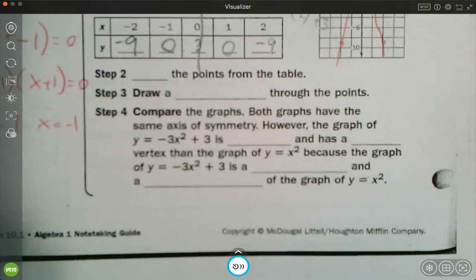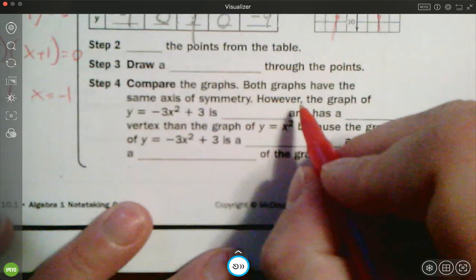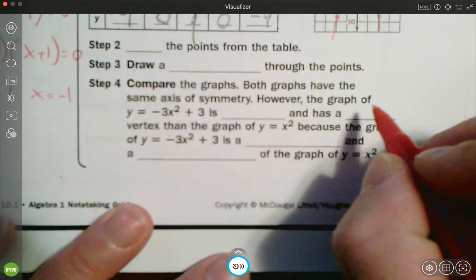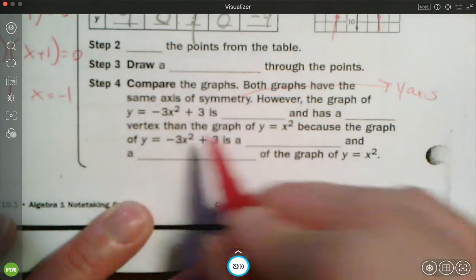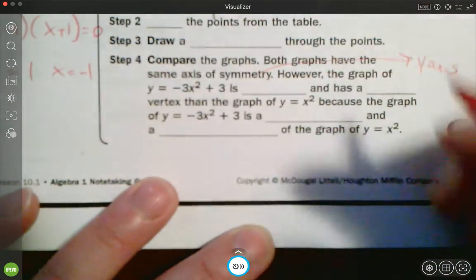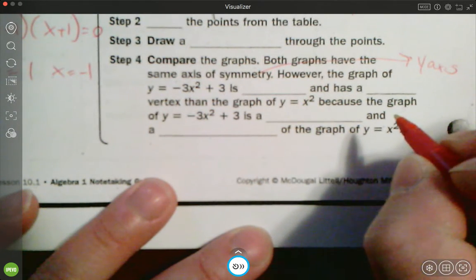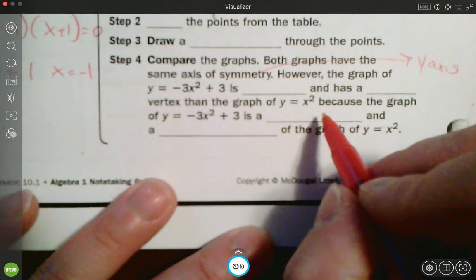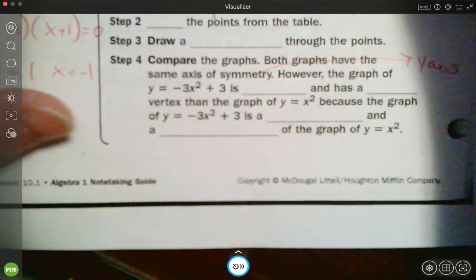So now let's do some comparison here. Both graphs have the same line of symmetry, which is still the y-axis. However, the graph of negative 3x squared plus 3 is, I'm trying to think of the words they want here. I'm just going to go with my own words because I think it's easier to explain.